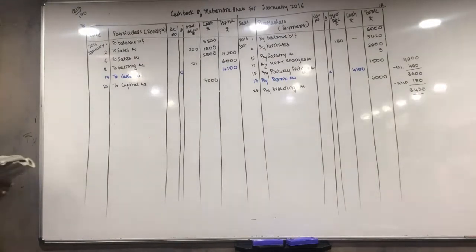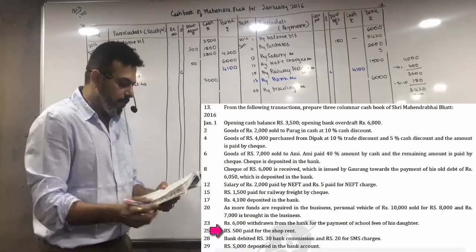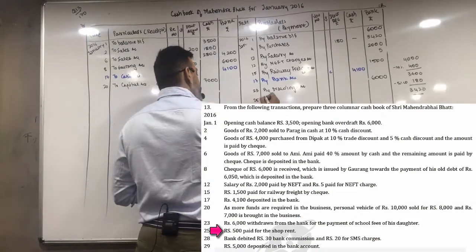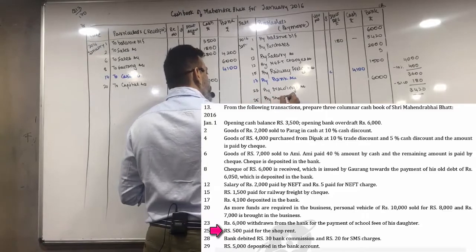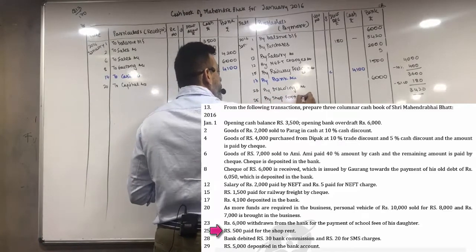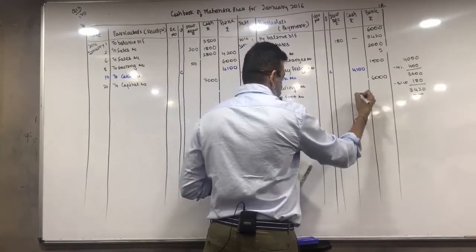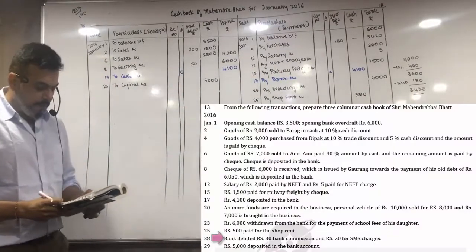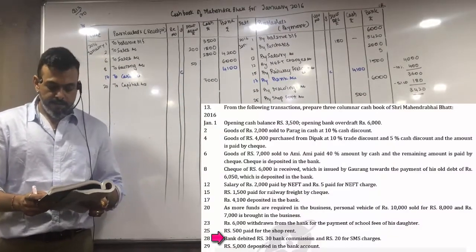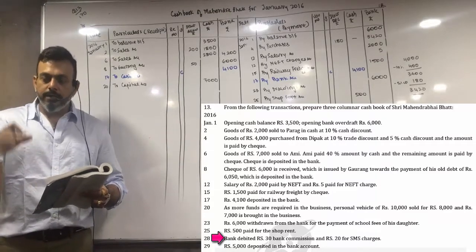Okay. Then 500 paid for shop rent, 25th. By shop rent account. Nothing is given, cash. Bank debited, meaning bank balance decreased.